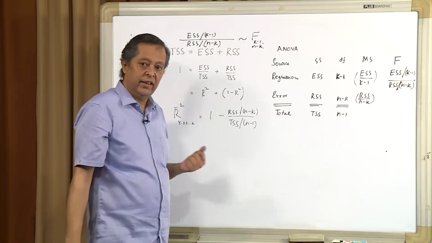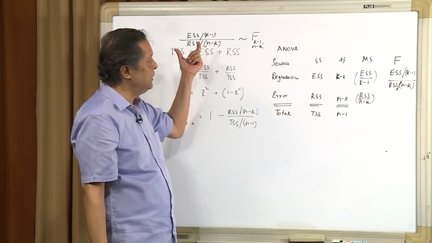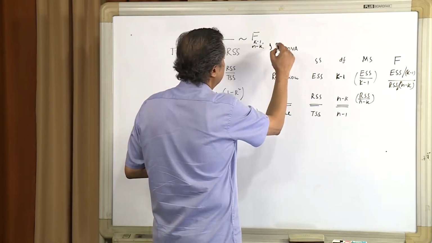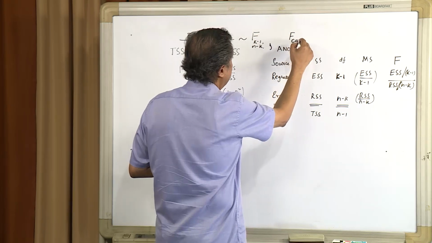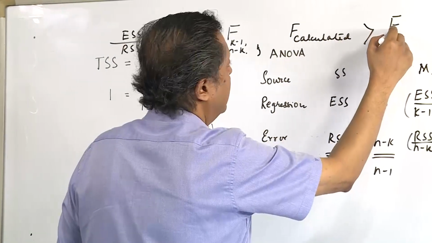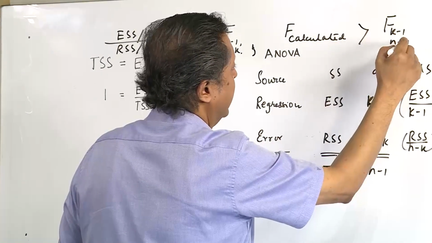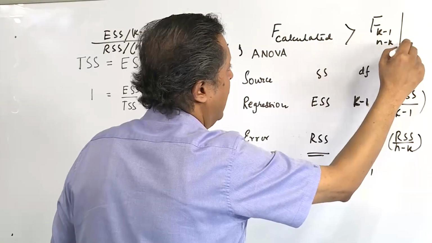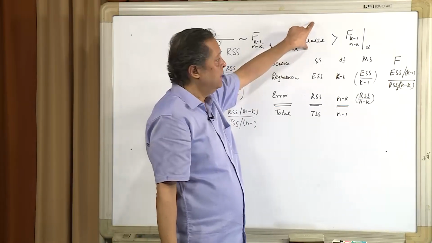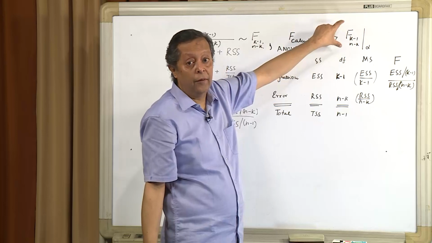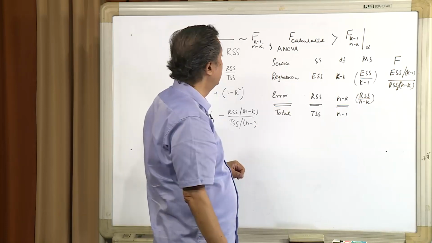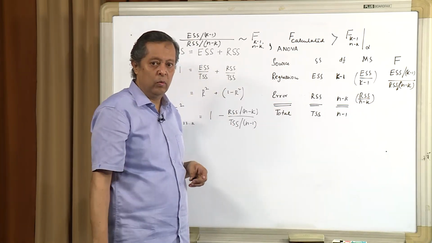Once we do the estimation and calculate the value of the F statistic, we will check whether F calculated exceeds F k minus 1, n minus k at the alpha percent level of significance. If the calculated F is greater than the critical value of F, then we reject the hypothesis that each of these betas is equal to 0.